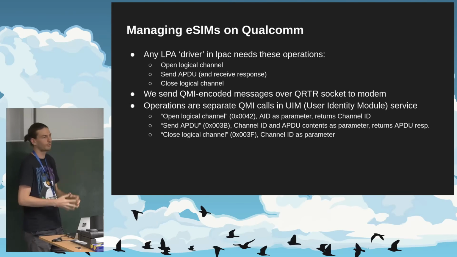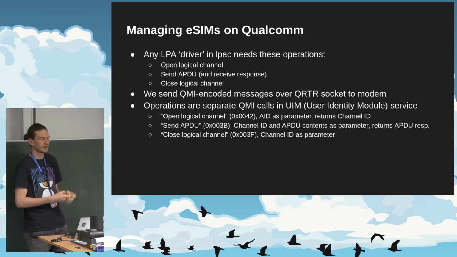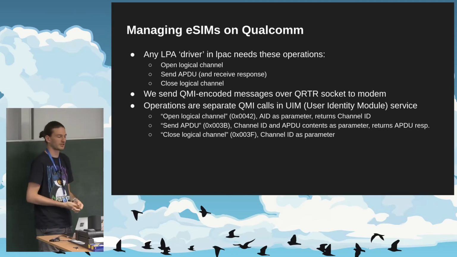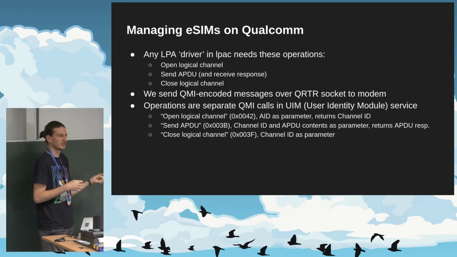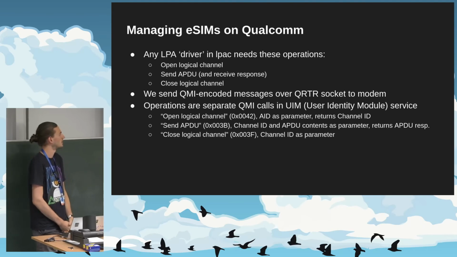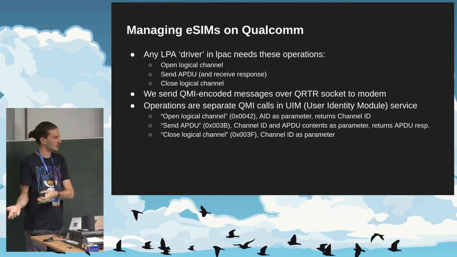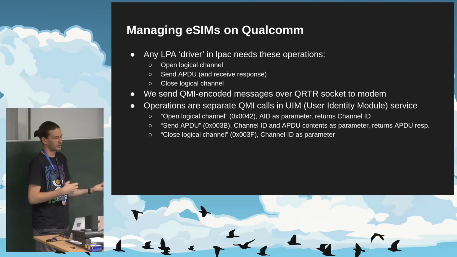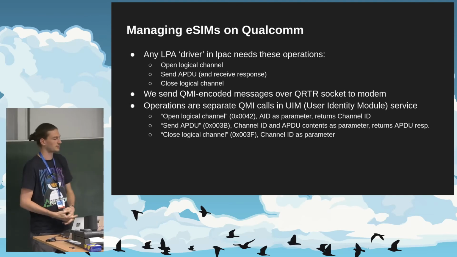For example, the open logical channel call is 0x42. It has a parameter, which is the AID, the application ID, I think, which from the LPSC side is always a fixed string, the ID of this eSIM management application on the SIM card. This QMI call returns the channel ID, which you can then use for the next call, send APDU, which has ID 0x3b.